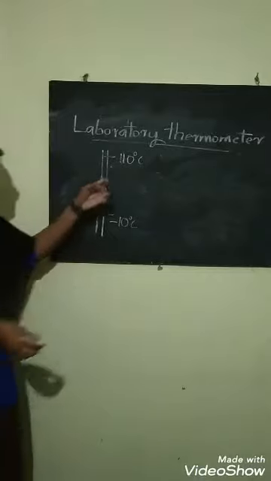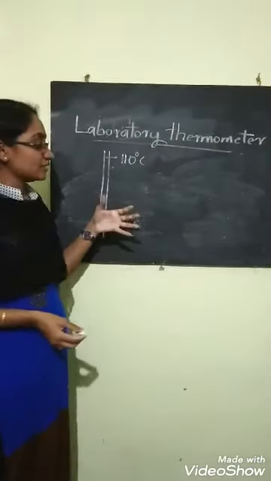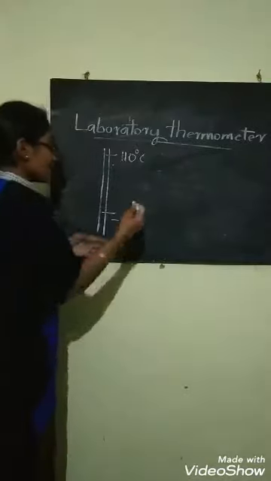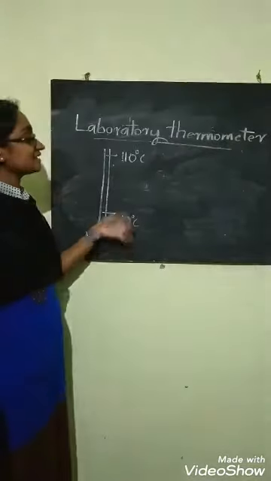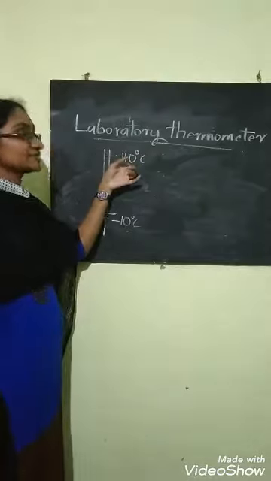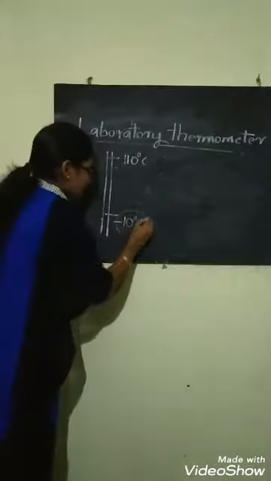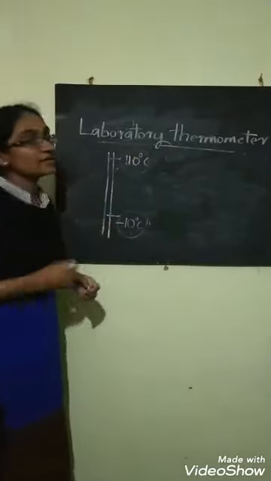That is, within this limit we can take the values of temperature. The lower value is minus 10 degrees Celsius and the highest value is 110 degrees Celsius. Please note these values. These values are important.